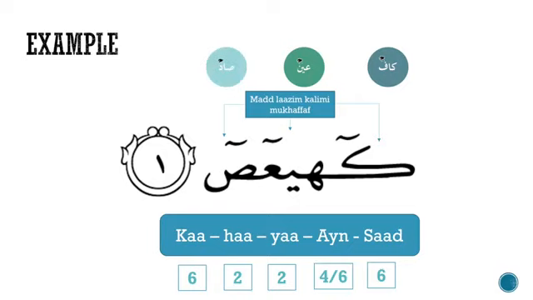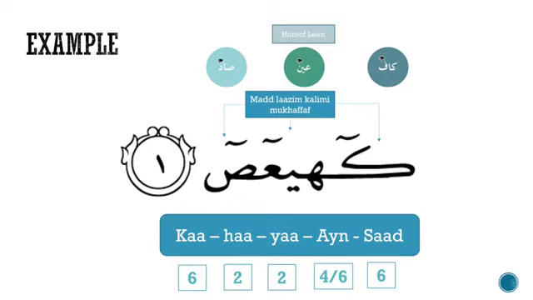Hence, Mad Lazim Harfi Mukhaffaf. As you can see, the Ain is the only letter which will come under Mad Lazim as huruf leen, and that is why we can stretch this either for 4 counts or 6 counts. Do not forget to do a qalqala at the end of the letter Sad.